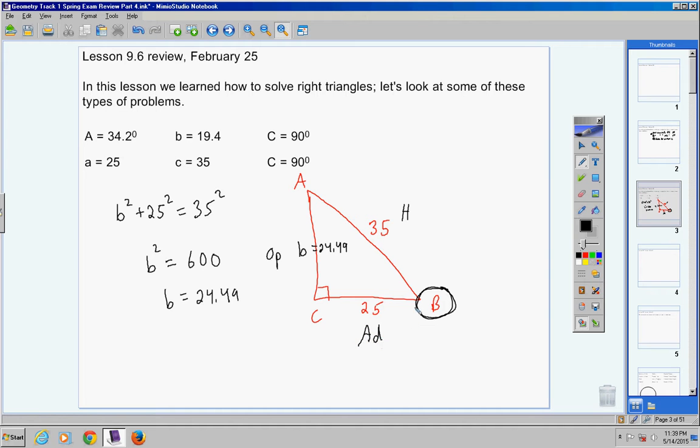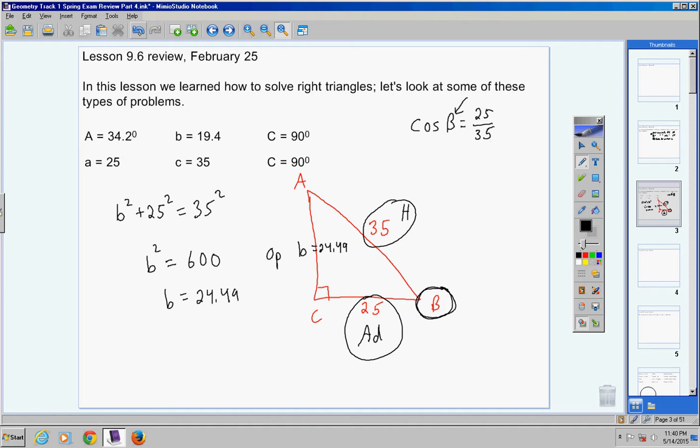Now, sides. You can use any two sides you want. I'm choosing to use these two sides now. It's hypotenuse and adjacent. So what trig function uses hypotenuse and adjacent? Well, cosine does. So I'm going to write cosine of angle B equals adjacent over hypotenuse. Now, remember, are we missing an angle? Yes.